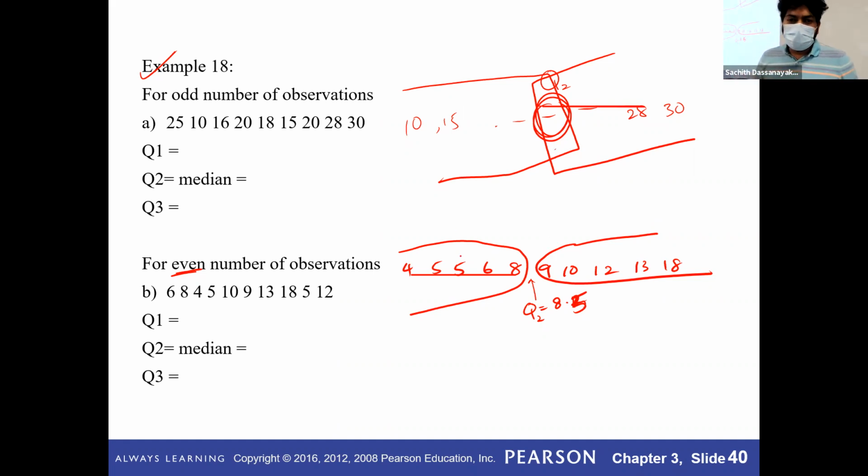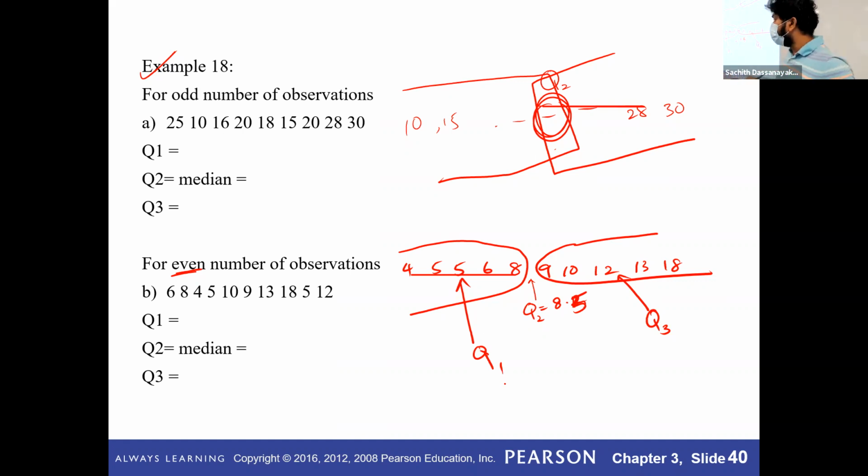Same here, you can simply find Q1 and Q3. Treat them as separate sets, lower half set and upper half set, and find the median. Q1, Q2, Q3, all of them are medians.